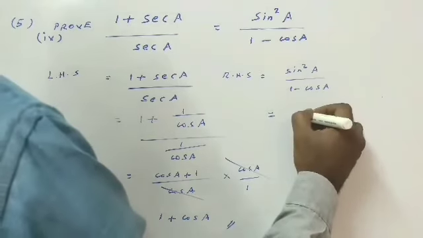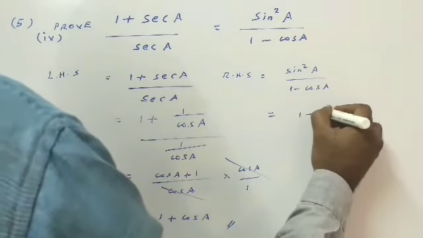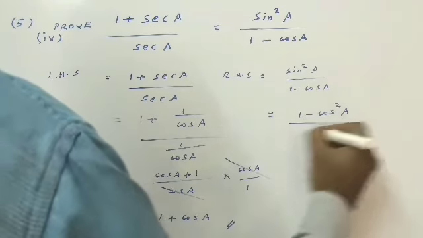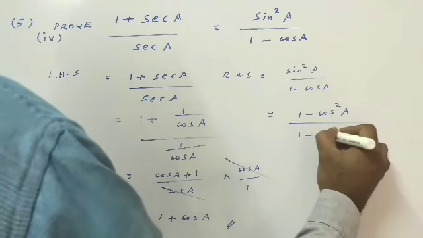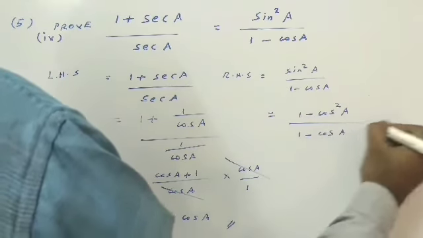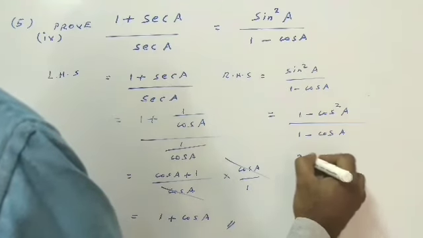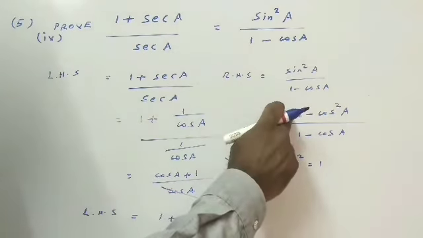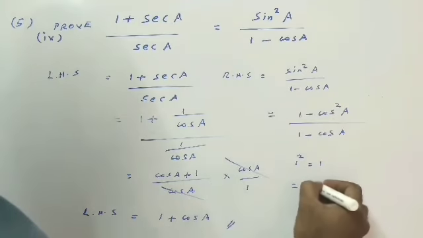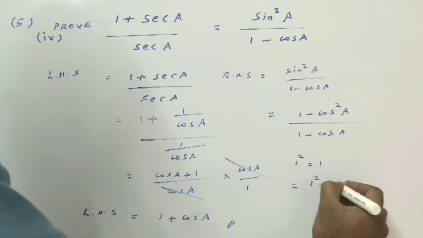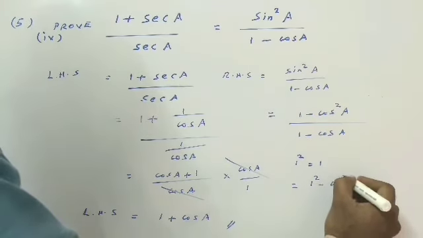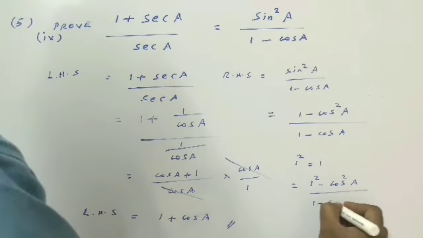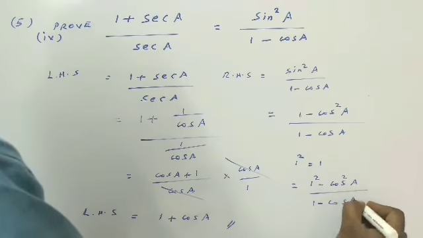So for sin square A you can write 1 minus cos square A by 1 minus cos A. 1 square equals 1, so here write 1 square minus cos square A by 1 minus cos A.